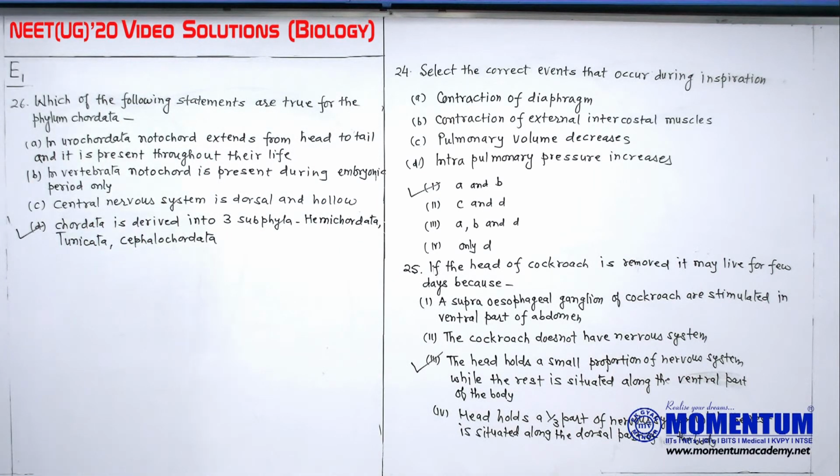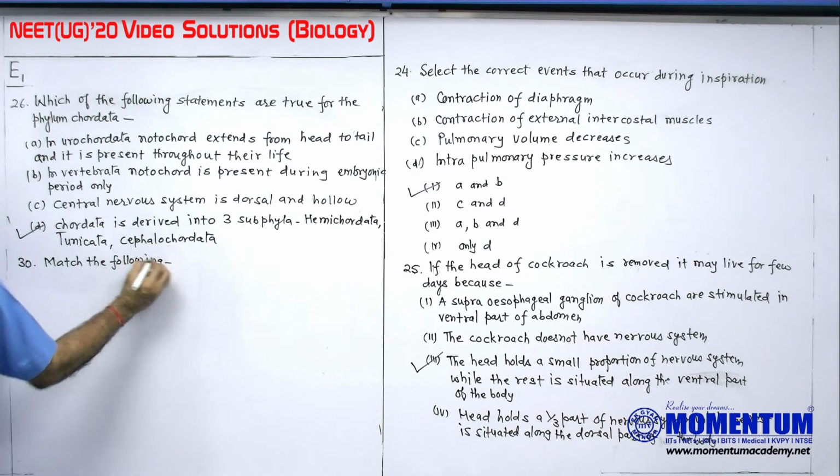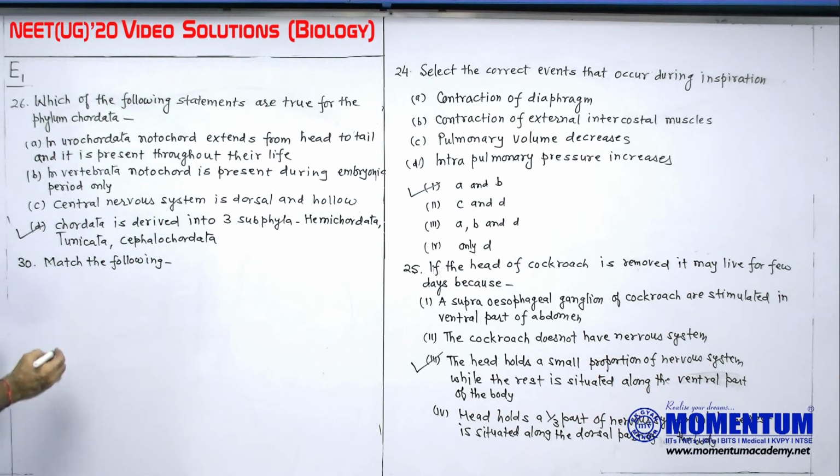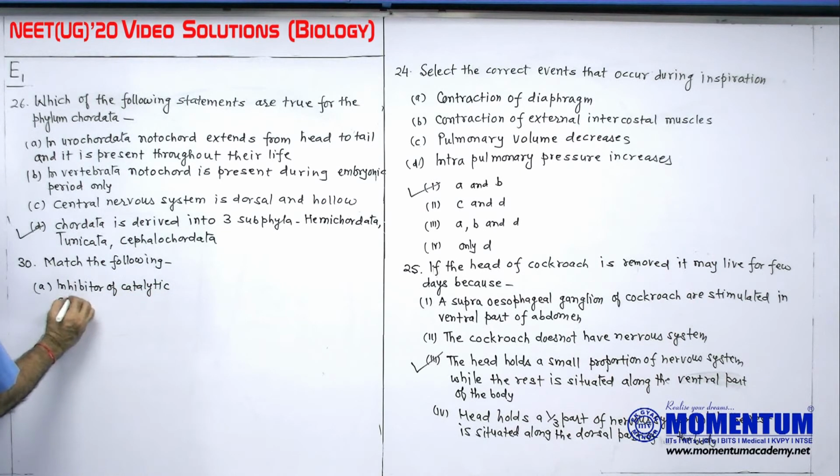Next question, that is question number 30. Match the following. A, inhibitor of catalytic activity.